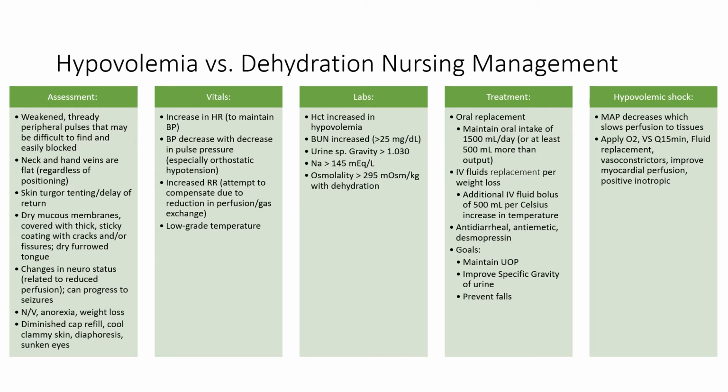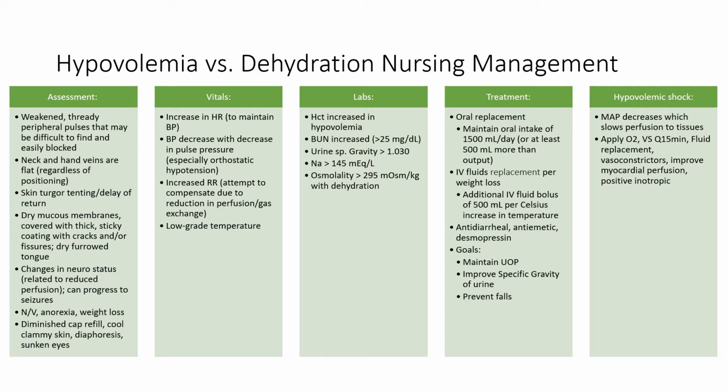We may have to also prescribe or give them some antidiuretics, antiemetics, or desmopressin, depending on the cause of the hypovolemia or dehydrated state. So if they've gotten to this point because of severe diarrhea, we're going to give them antidiarrheal. Is everyone getting an antidiarrheal? Not necessarily. But this is more treating the cause of their fluid loss.